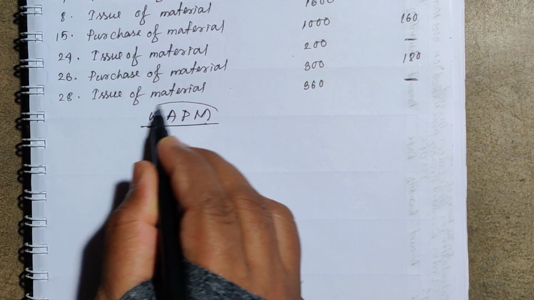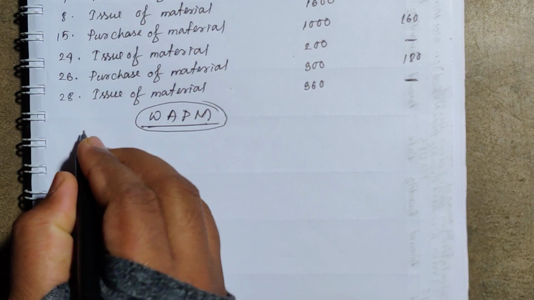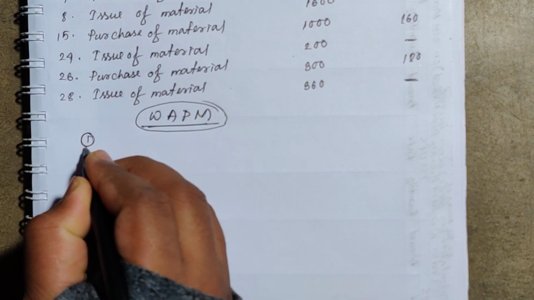For solving this method, we follow the same method as the simple average method. That is the first trick, first method.